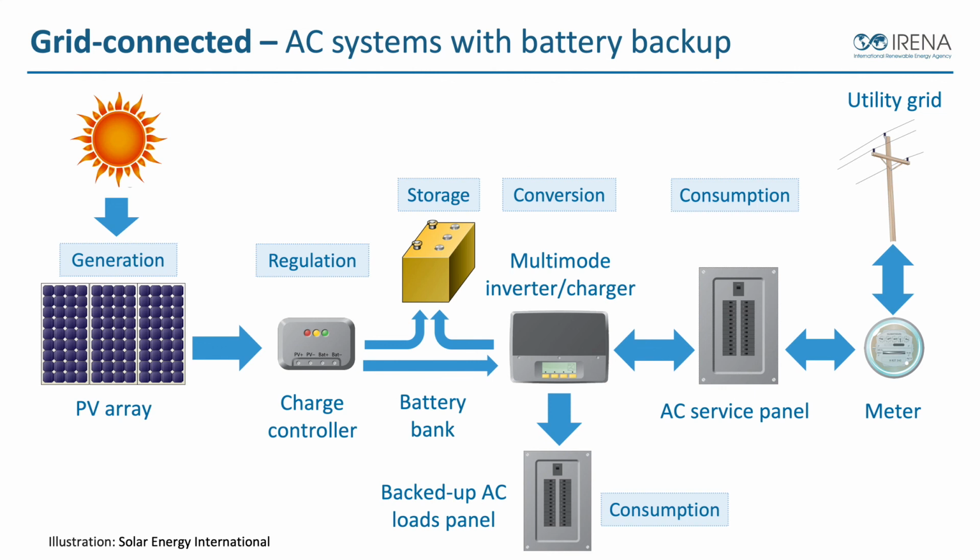If we walk through this system again from left to right, similar to the others, the PV array generates DC electricity, the charge controller manages our battery bank, and the battery itself is our energy storage system. The multi-mode inverter charger means I can operate grid synchronized and sell to the utility grid if I set the programming that way. I can also take an AC circuit from the utility grid and charge my battery bank if I need to keep that battery full and ready for an outage at any time.